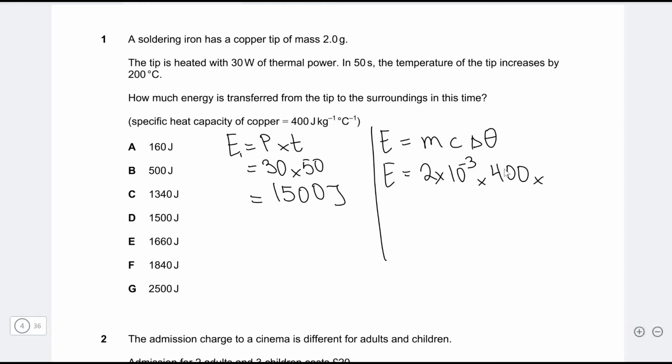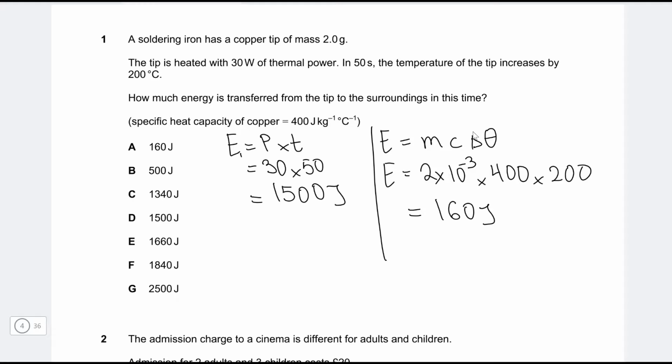By theta, I normally put in any temperature which is measured in degrees C, by the way. So 400 times 200. This is going to be 2 times 400 times 200 times 10 to the power of minus 3, so it's going to be 160 joules.